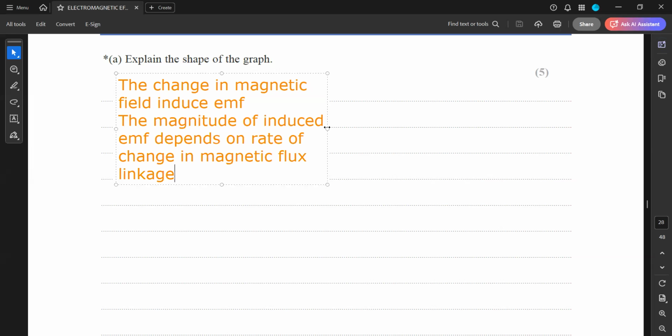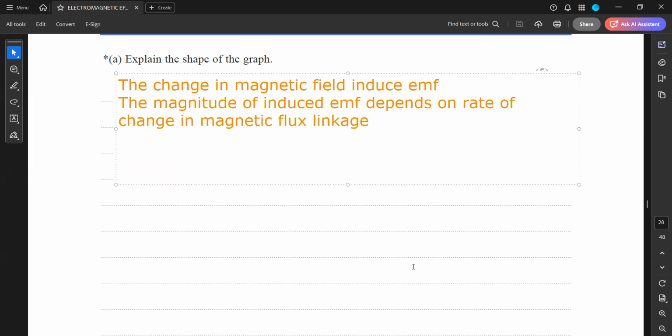Whenever there is a change in magnetic field, that will induce EMF, and how much induced EMF is produced depends on the rate at which the magnetic field, or magnetic flux linkage, is changing.